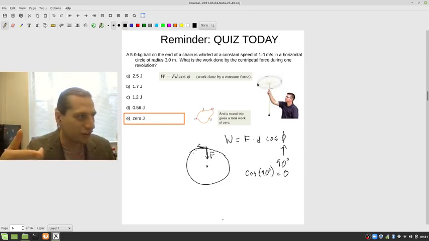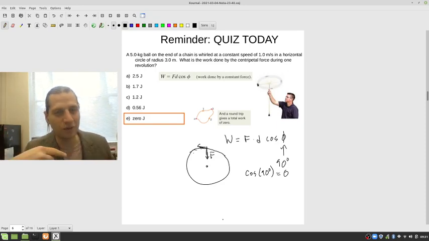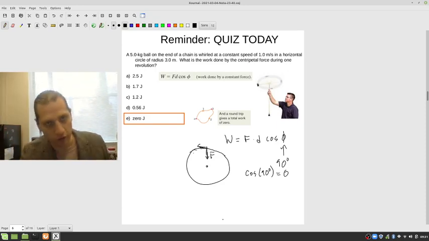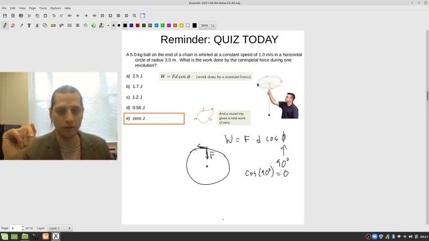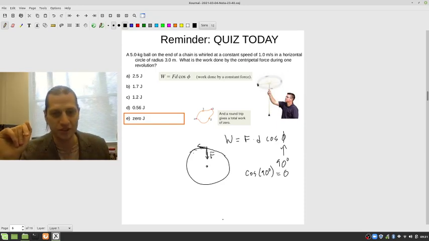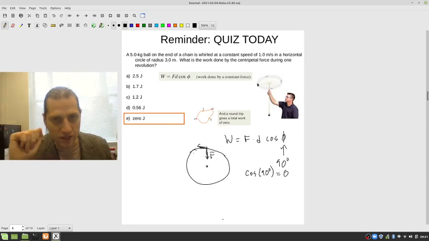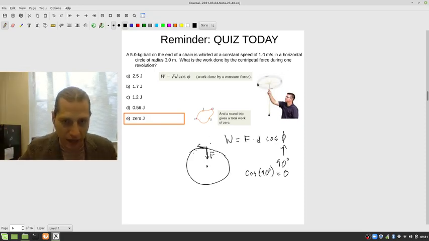No net work, I should say. As we saw in the last problem, sometimes you can have positive work and negative work, so take that with a grain of salt. But in this case, the force being applied is just acting to change the direction. It is not acting to speed the particle up or slow it down. So there's zero work done.